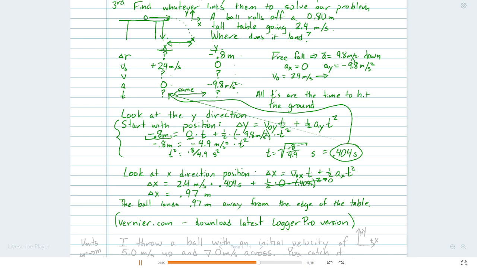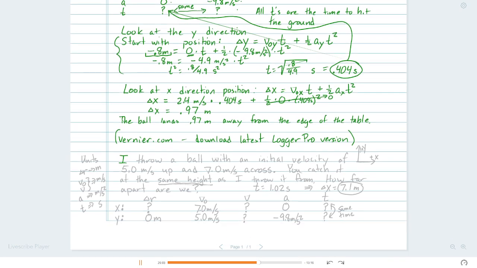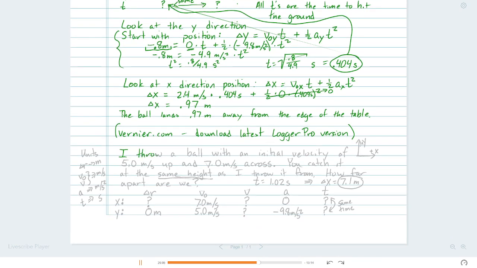Suppose that my problem instead said, I throw a ball with an initial velocity of 5.0 meters per second up and 7.0 meters per second across.